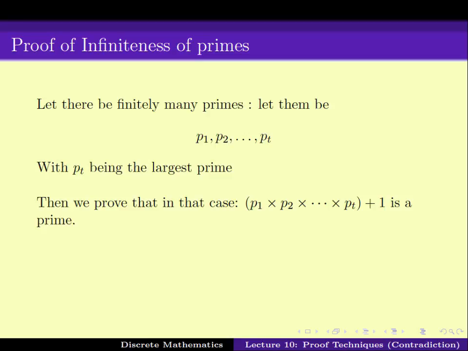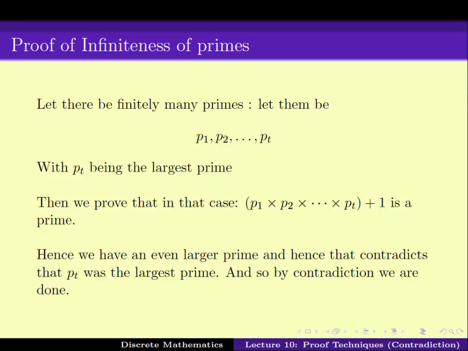So basically, we prove that if P1 to PT are a finite set of primes, then I created a new number which was larger than the largest prime, and we proved that it has to be a prime, which is a contradiction.